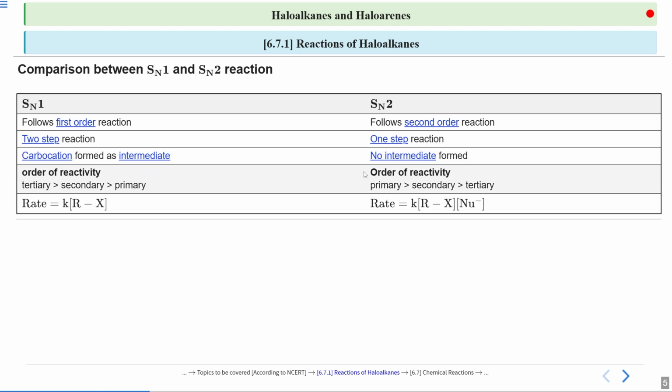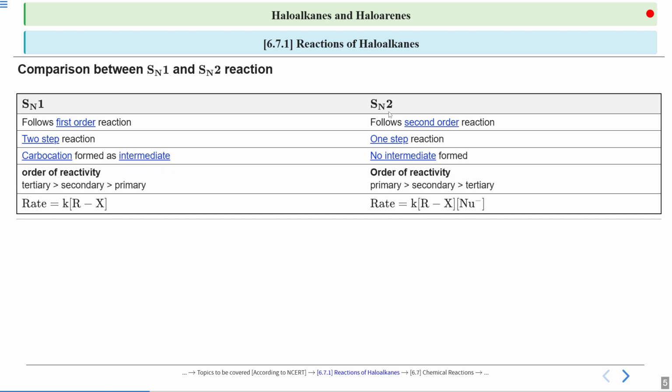Here, because no carbocation intermediate forms, steric hindrance is the key factor in the SN2 reaction, because the incoming nucleophile attacks from the back side of the carbon, right? So a smaller group present on the carbon will be beneficial, so that no steric hindrance affects the incoming nucleophile bonding with the carbon.